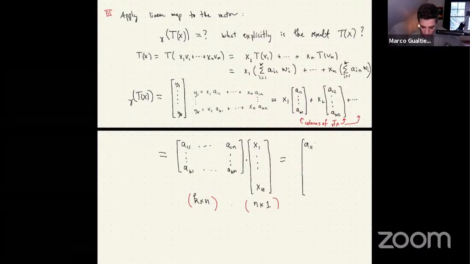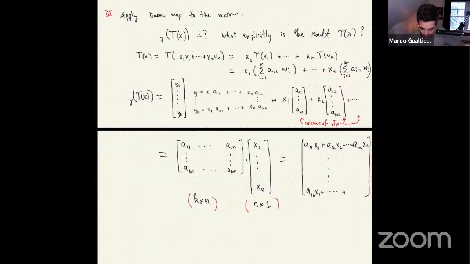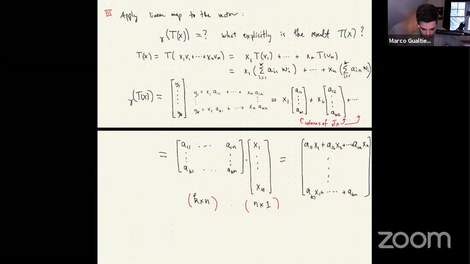So I'll get A11 x1 plus A12 x2 all the way to A1n xn as the first entry of the column matrix. And similarly down here, AK1 x1 up to AKN xn.